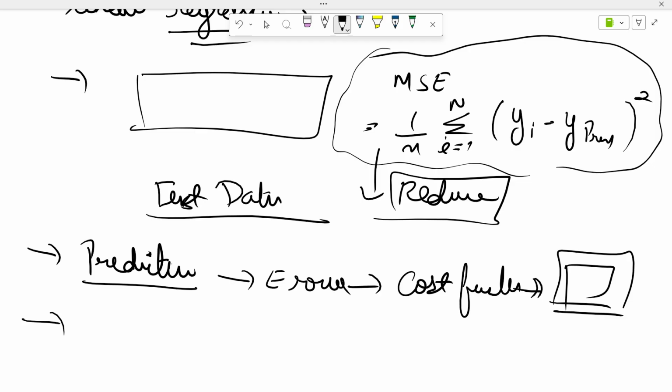So 5 minus 1 is 4 and 25 minus 1 is 24. 24 and 4 have a difference of 20, but that 20 need not always be linear. The larger the error you make, the larger the penalty should be. So in this lecture, we understood this cost function. In the next lecture, we will understand gradient descent and how we exactly calculate the m and c values.